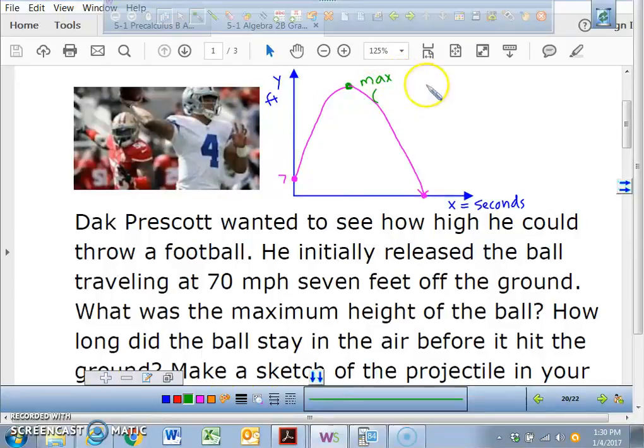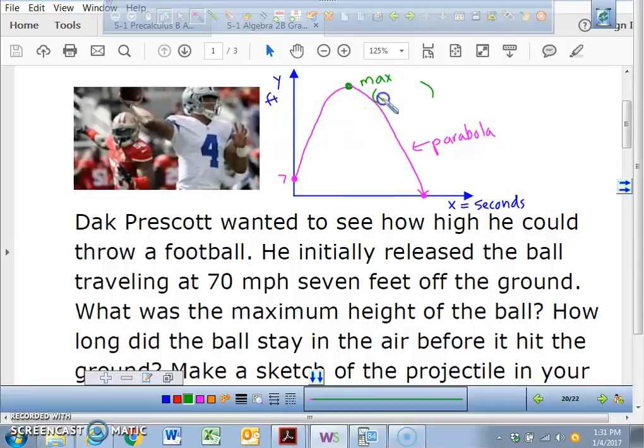What word in this picture do you think that represents? By the way, what shape does this look like? A parabola. Very good. So this shape right here, this function that's dealing with quadratic functions, is indeed a parabola. Okay? So this shape right here that we're drawing, this function is known as a parabola. All right?